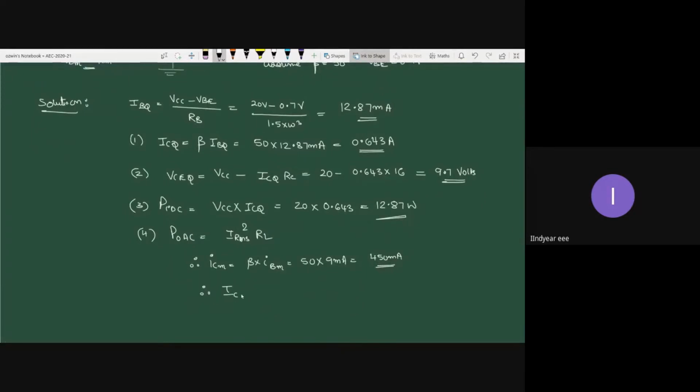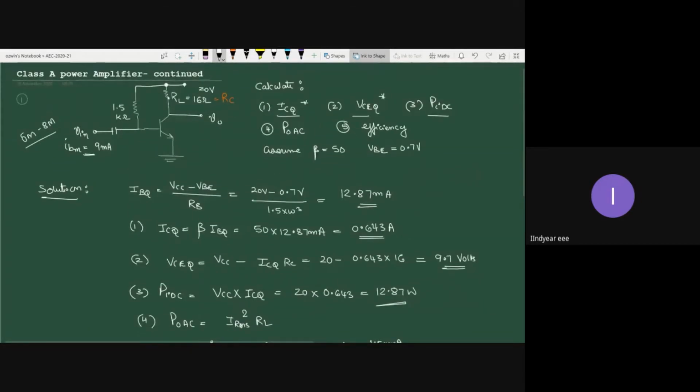Therefore, we can say IC RMS is equal to IC maximum divided by root 2. That's 450 divided by root 2 milliamperes. Okay, and that is about 318.19 milliamperes.